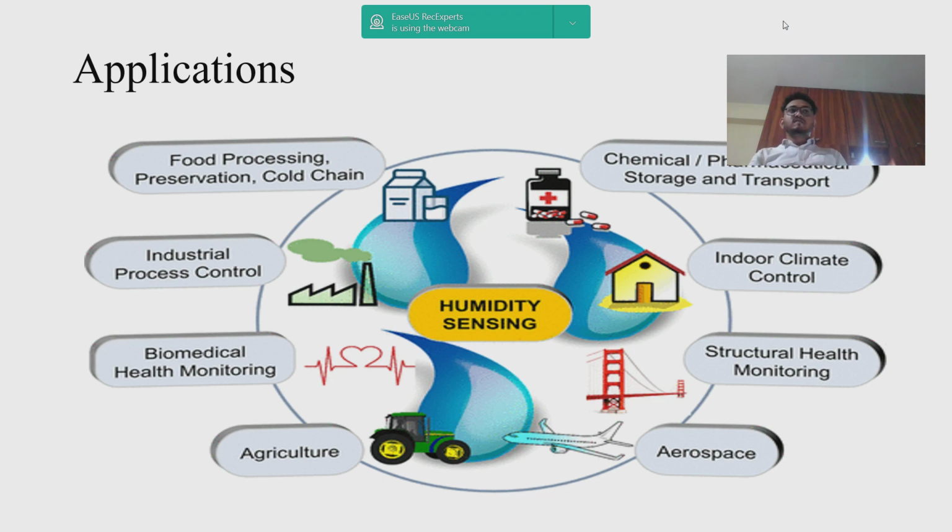Because food and beverage companies may have cold storages to store the food products they have prepared, in that cold storage, like we said about HVAC, the humidity level should be maintained perfectly, so they use humidity sensors in these factories.